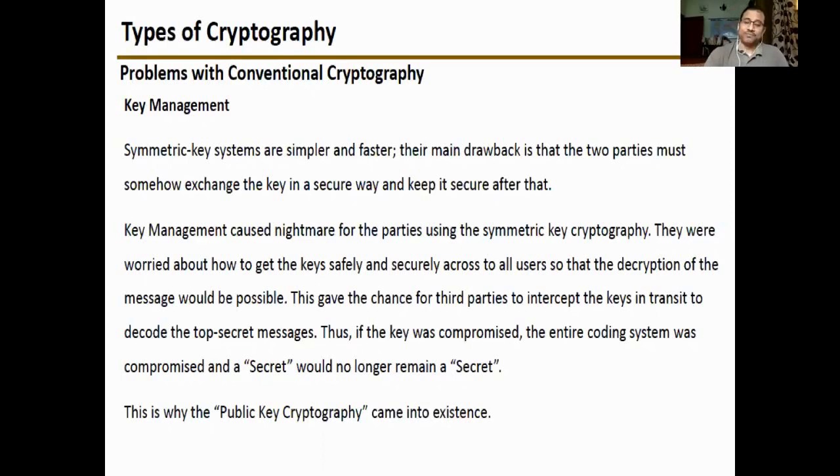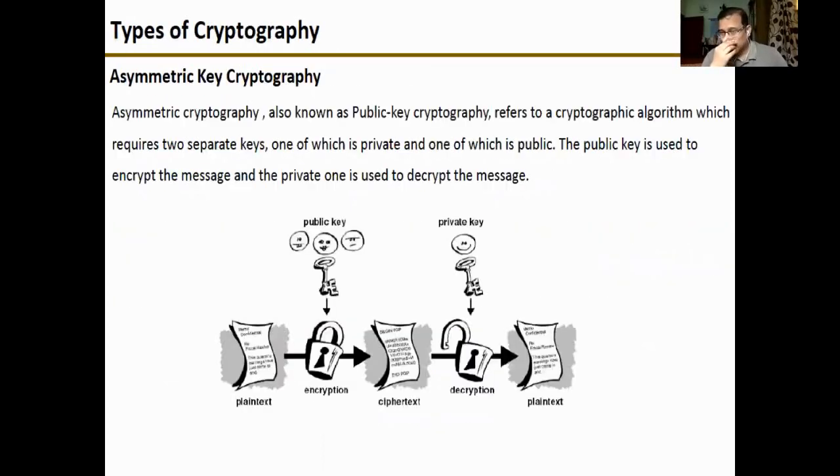Okay. So what do you do? There is a second way of doing the thing. There is a second type of algorithm, which is a little bit complex compared to these symmetric cryptography algorithms. These algorithms are called asymmetric key cryptography algorithms, or they are also nomenclated as public key cryptography.